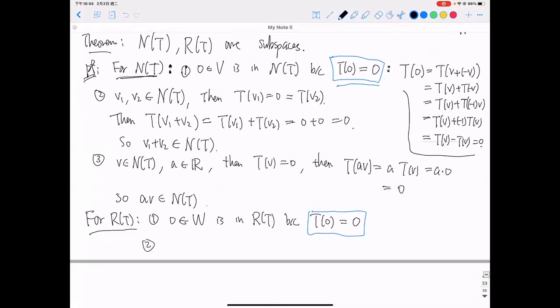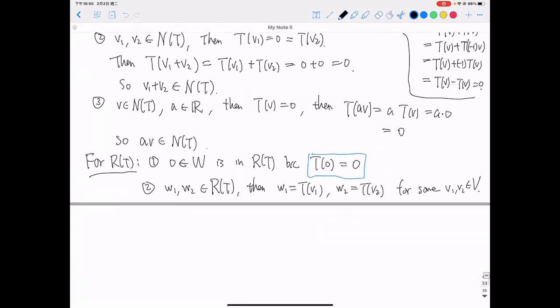Now, the next property. If you have W1, W2 from the range, then this means that W1 is equal to T of V1, W2 is equal to T of V2 for some V1, V2 belonging to V. Then we want to consider W1 plus W2.